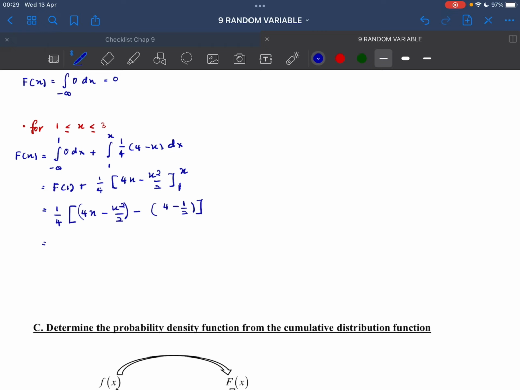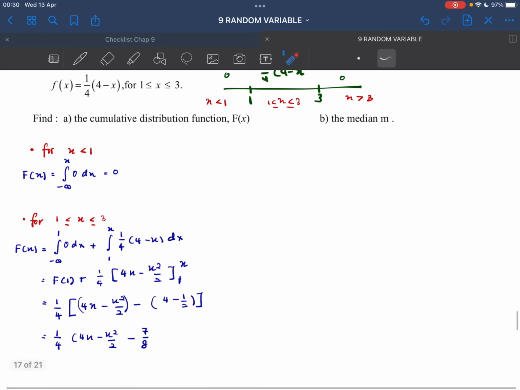You can simplify that: 1 over 4 times (4x minus x squared over 2) minus this one, 4 minus 1 over 2. We have 8 over 2 minus 1 over 2, 7 over 2, multiplied by 1 over 4, we get 7 over 8. So that is your function for the second range.